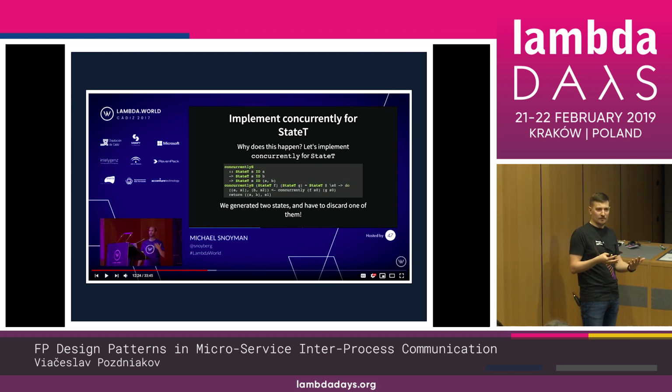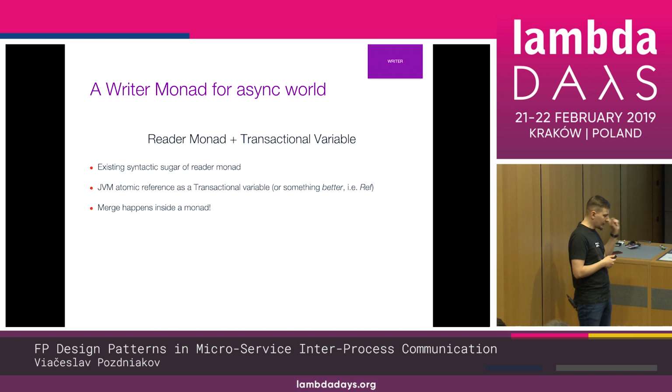And that's not what we want to have. I mean, we want to merge them decently. So what he proposed is that instead of a writer monad, you have a reader monad with a transactional variable inside it. So if you have Haskell, then everything is nice and dandy. You just use STM, software transactional memory, and everything is just cool, yeah?